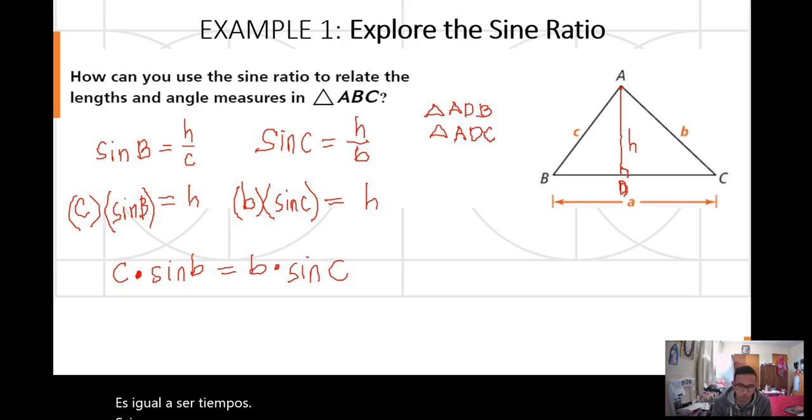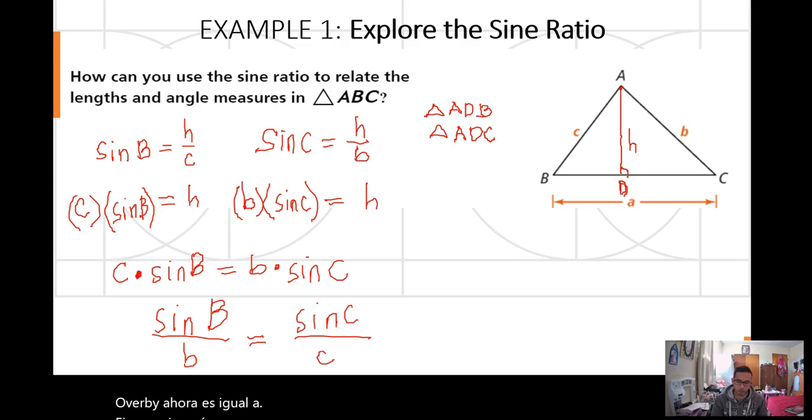This must be a capital letter B. So we are going to divide both sides by b and c. We will now have a ratio: sine B over b is equal to sine C over c.